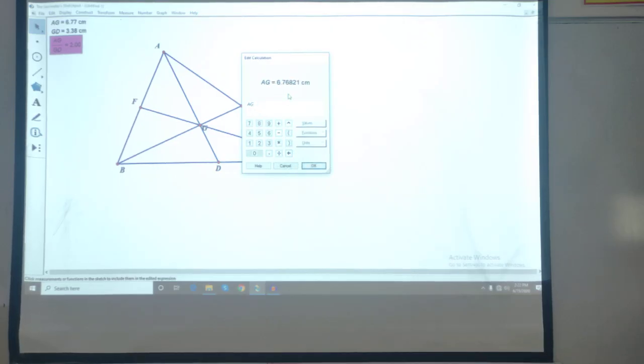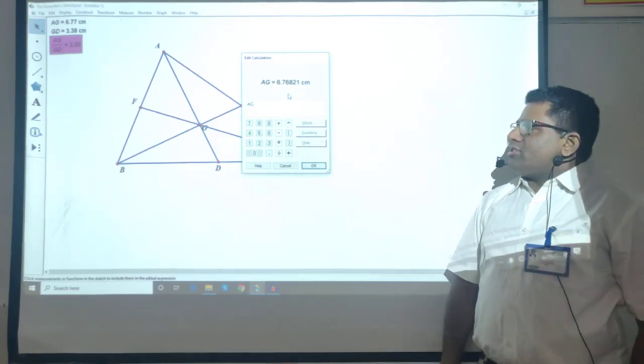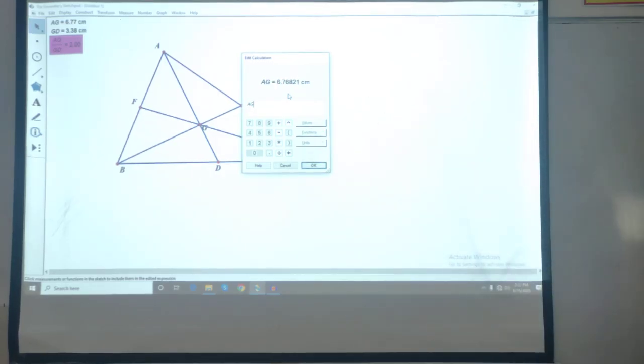AG comes out to be 6.76821. The actual length is 6.76821 and we are showing the length as 6.77 centimeters. Similarly, if I divide this by GD, the length of GD comes out with non-terminating decimals.